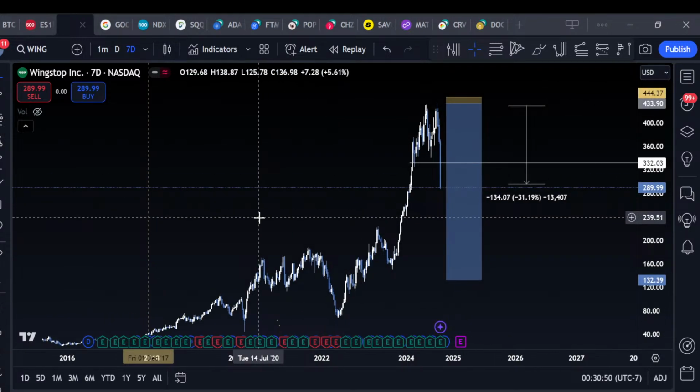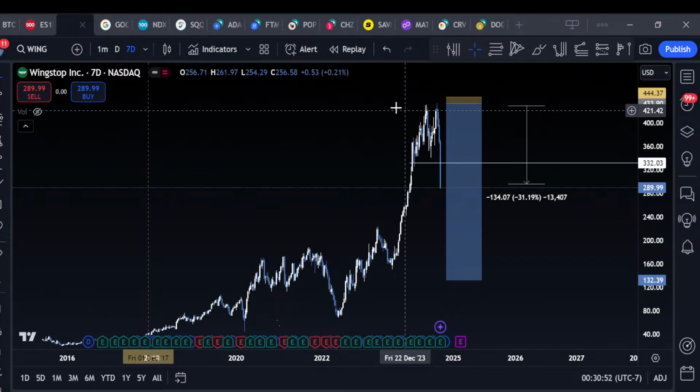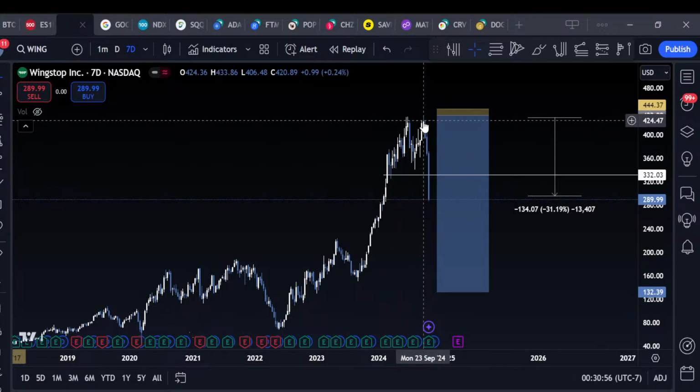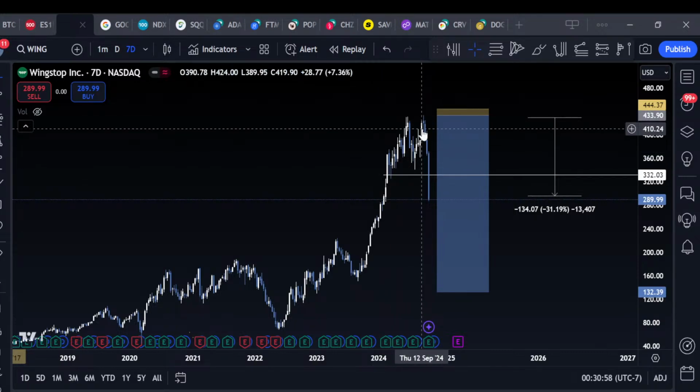At a certain point. And the thread was somebody talking about the fundamental case for Wingstop. The way I interpret such a thread is people are just trying to explain why price is just going up and up and up. Like everyone must know something that no one else knows, because the valuation of this company makes zero sense.